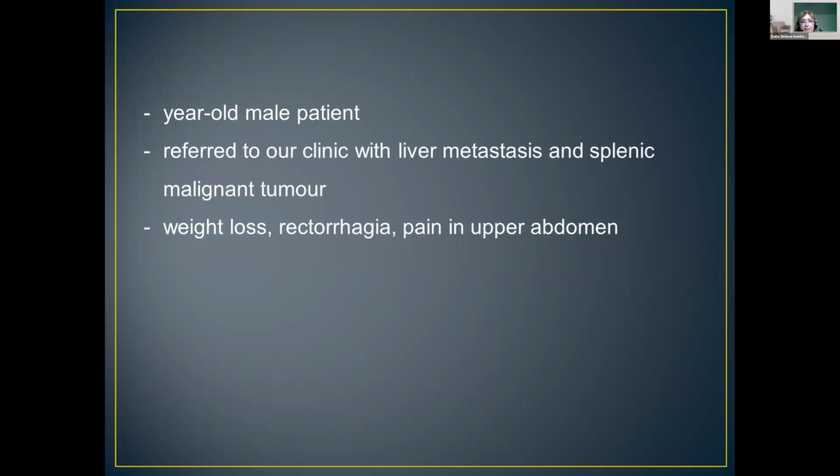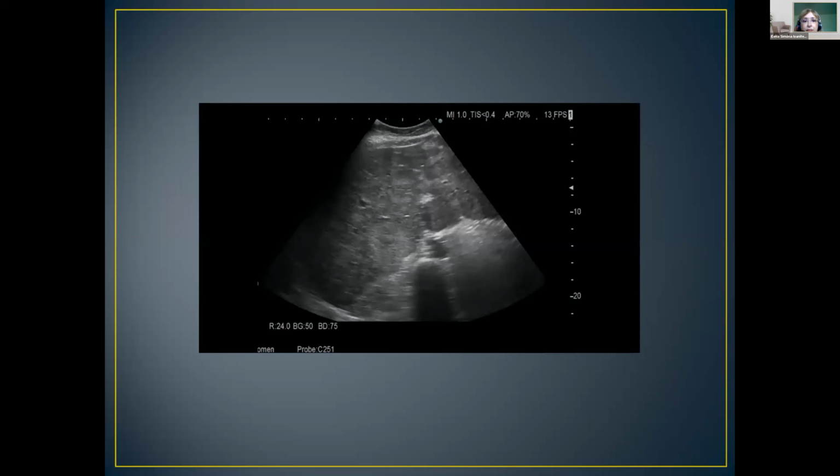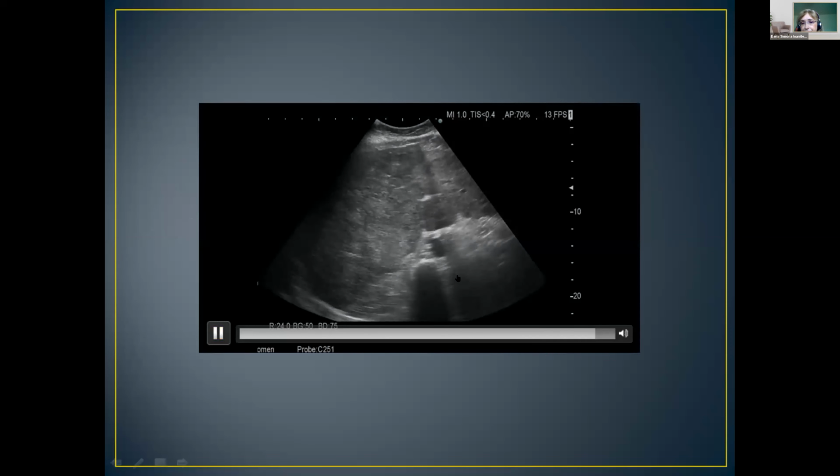The next case, 63-year-old male referred to our clinic with liver metastasis and splenic suspected malignant tumor with weight loss, rectorrhagia, pain in the upper abdomen. As you can see, this was the liver with many metastases.